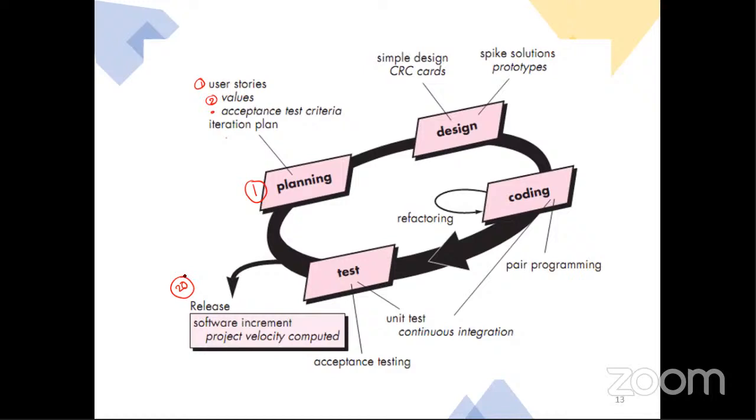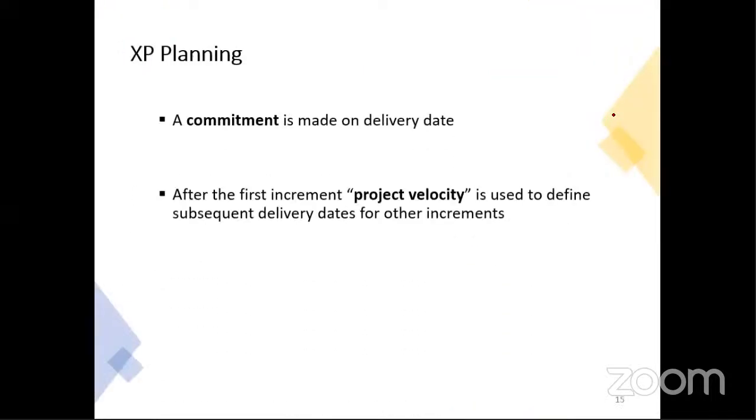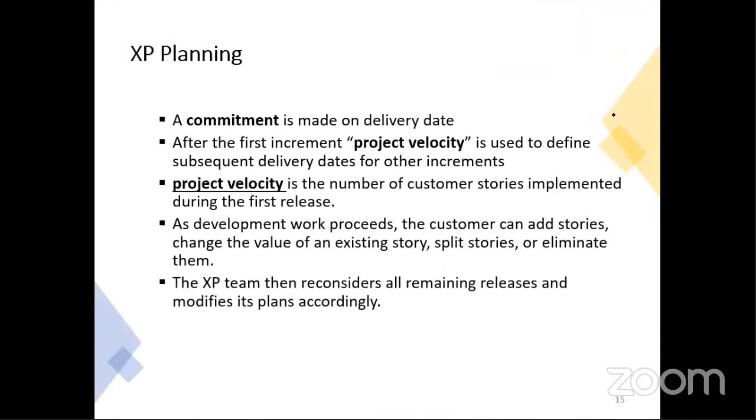For those 20 user stories, I'll check and estimate everything. Based on that, I can tell that after this many days my first release will come, and after that the second release will start. So the number of user stories is important in XP.